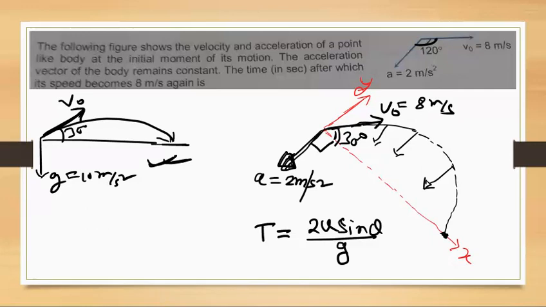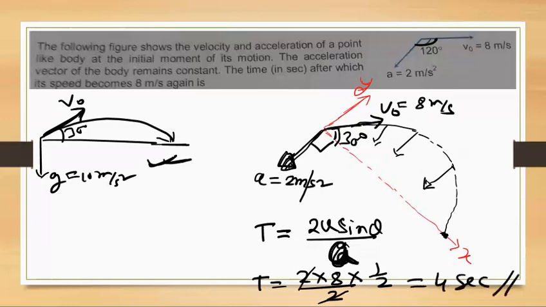So here u is 8, sin 30 will be half, but here instead of g you have to put a only, and instead of u you have to put v naught. So put all the values. Sin 30 is half, that is also 2. 2 got cancelled, that is 4 seconds in fact. 4 seconds is the answer.